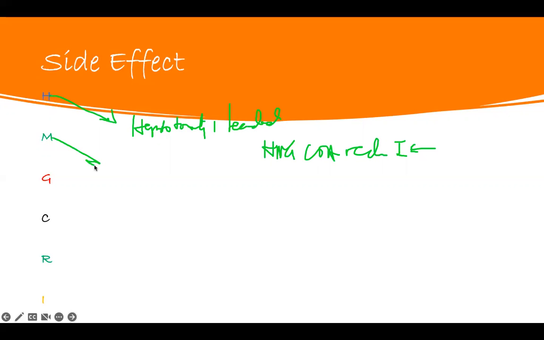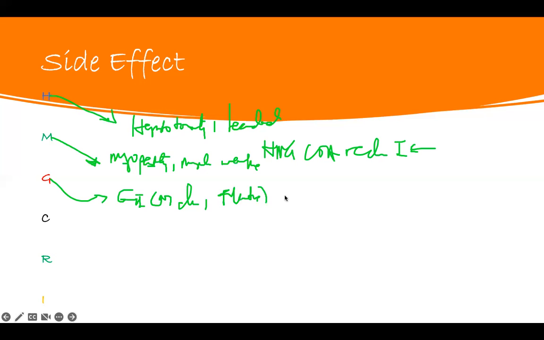The M is myopathy, so injury to the muscle, muscle weakness. So far as he has muscle problems. The G is GI side effects, so they have nausea, diarrhea, and they can pass a lot of gas.